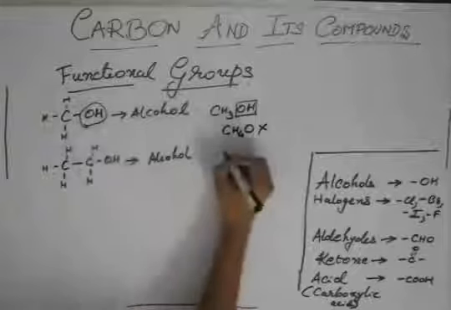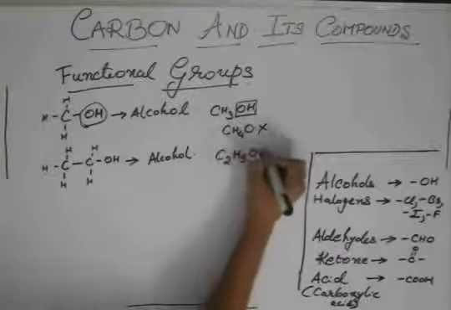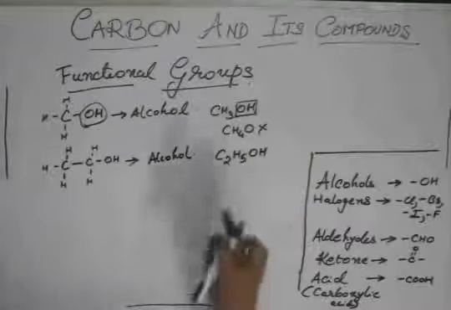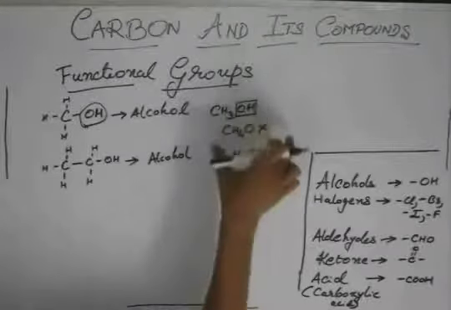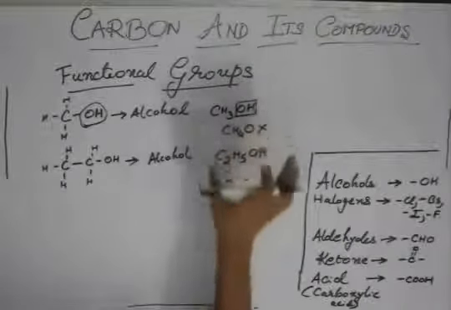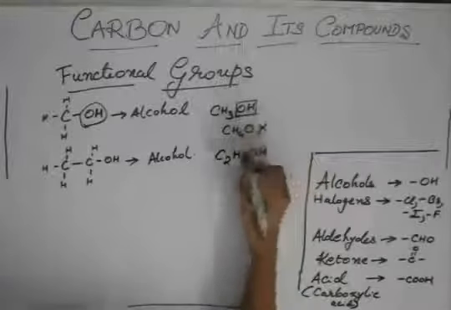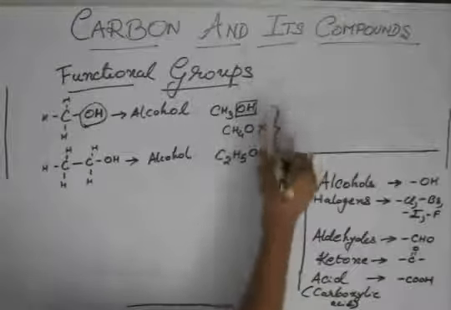This similarly is C2H5OH. Now if you take the difference of these two, that is the difference of the number of atoms, there is a difference of one carbon atom.